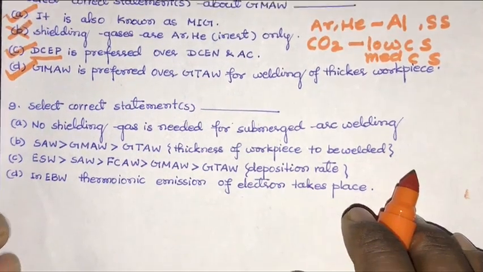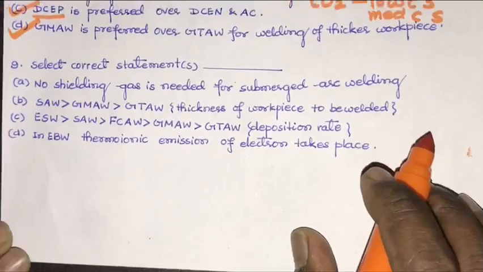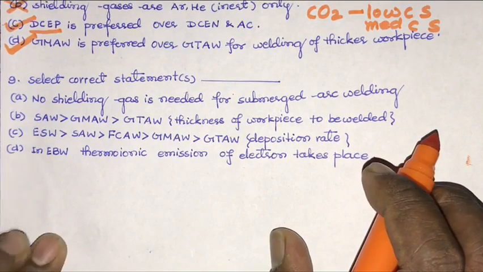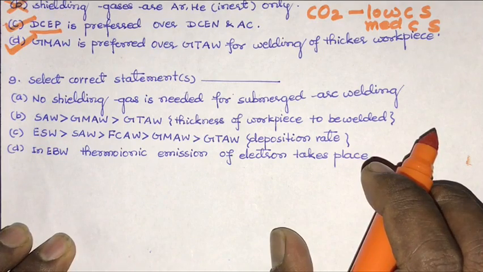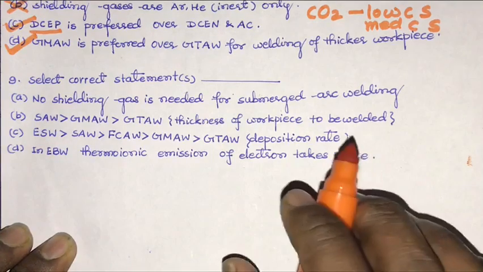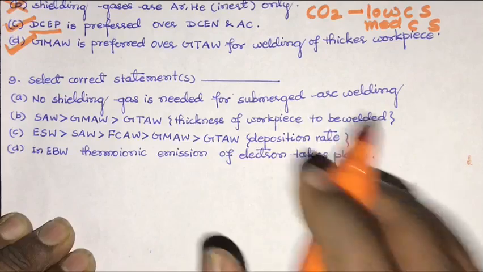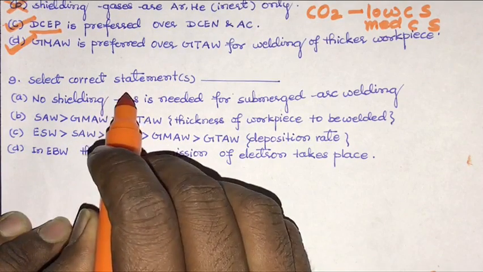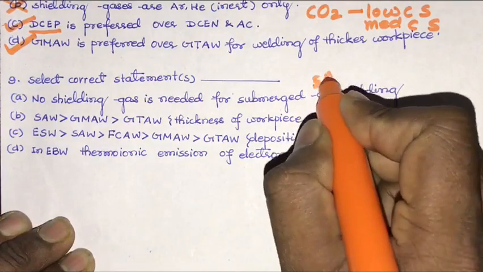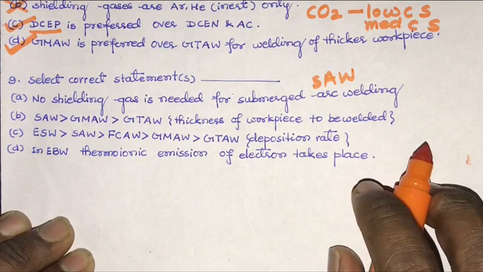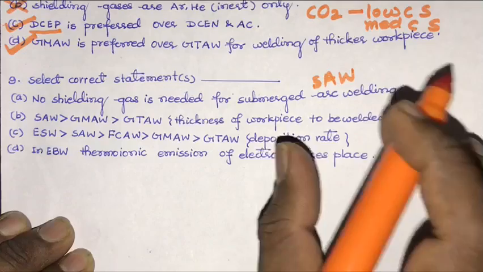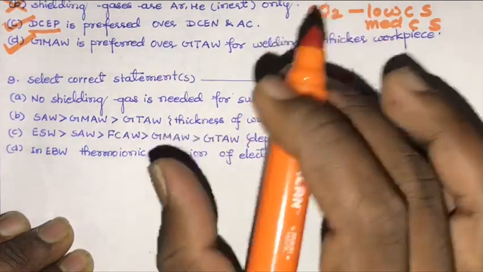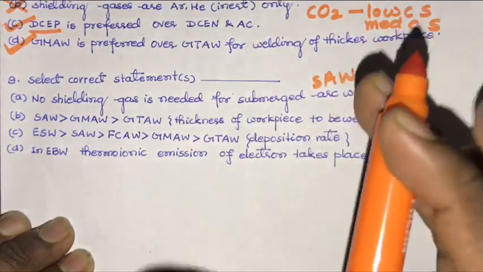Now coming to the next. Select the correct statements. First is, no shielding gas is needed for submerged arc welding, short form SAW. In submerged arc welding, the arc is shielded by molten slag and granular flux.